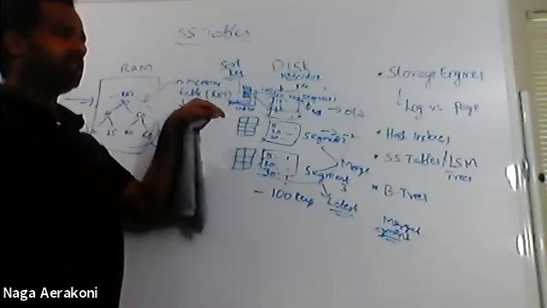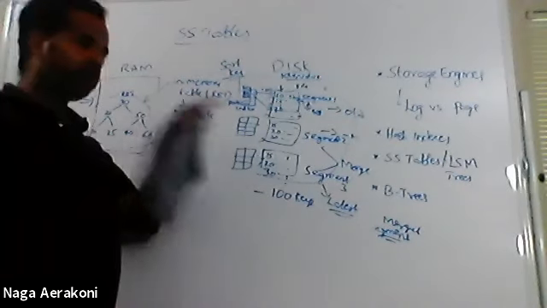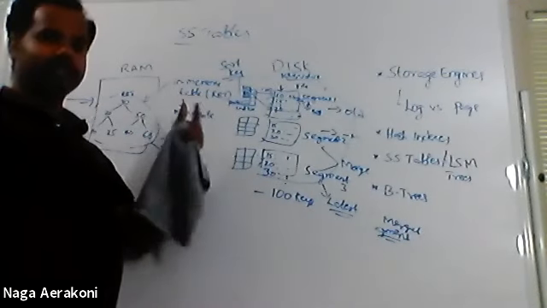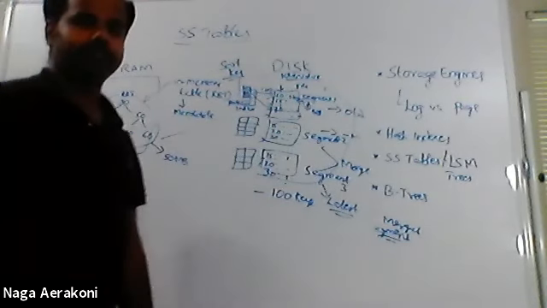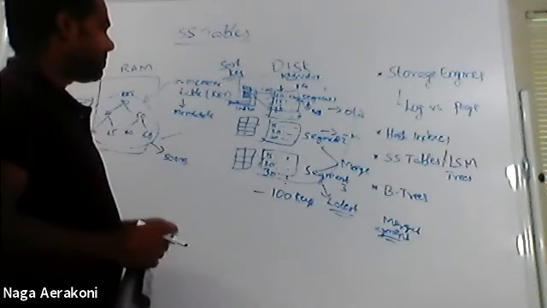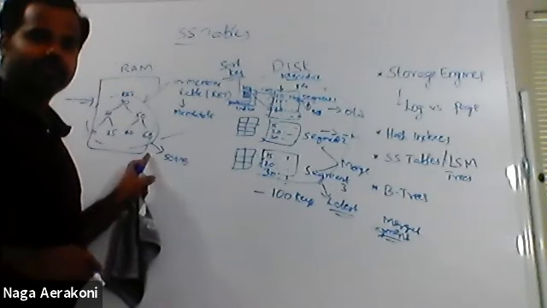Then if you are reading something sequentially, it'll be quicker. Seeking to that sector or block takes time, but once it is at a certain position, reading the data is faster. So I hope that clears it.